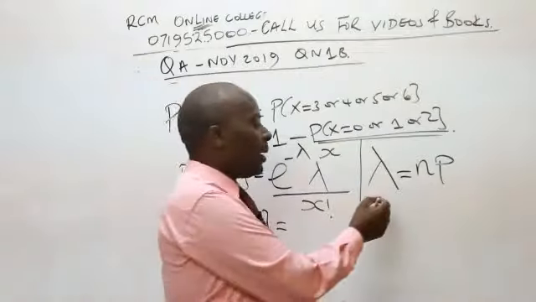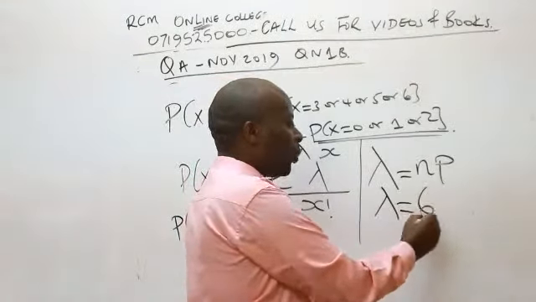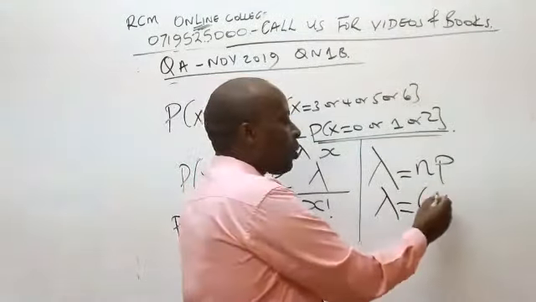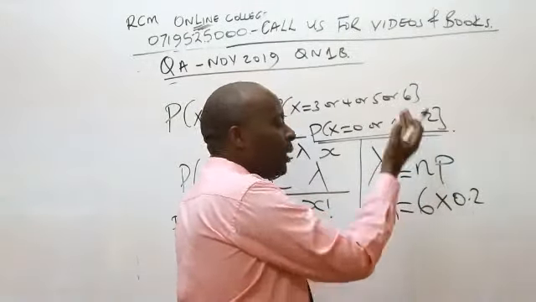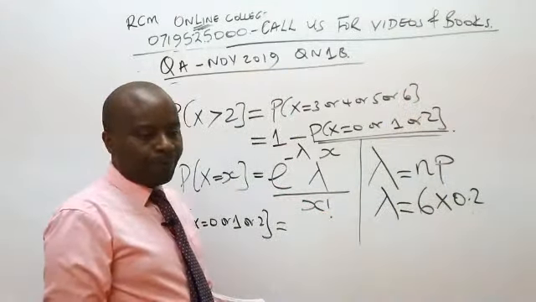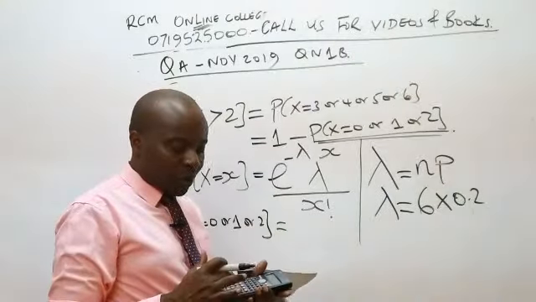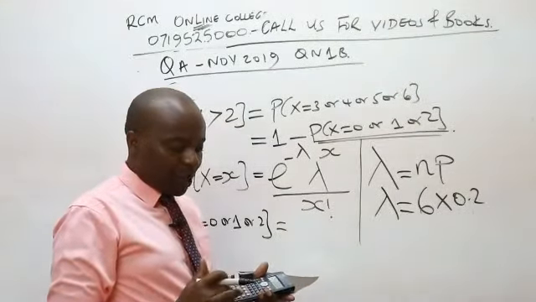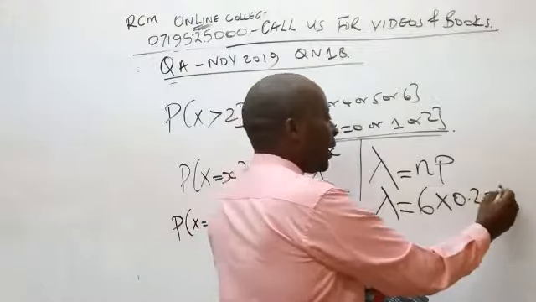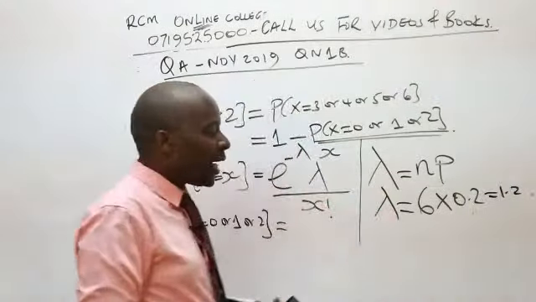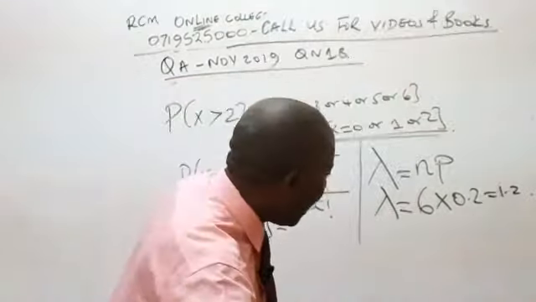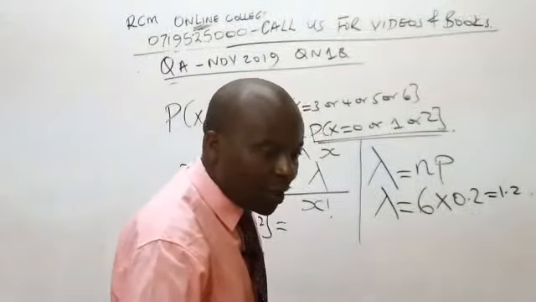So my lambda here will be equal to n, 6, times this probability. If you recall, our p was 0.2. So 6 times 0.2 gives us 1.2. This gives us 1.2.